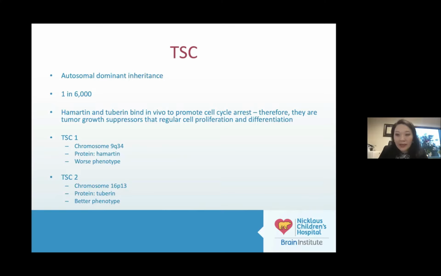TSC1 is located on chromosome 9q, and it encodes for protein hamartin. It leads to the worse phenotype of the two types. TSC2 is located on chromosome 16p, and it encodes for protein tuberin, and it leads to a better phenotype.